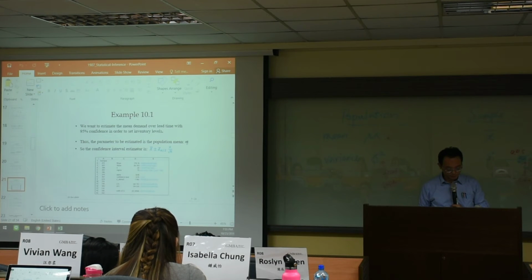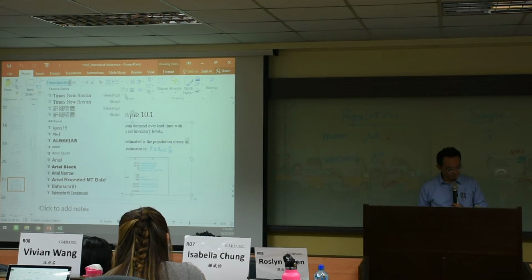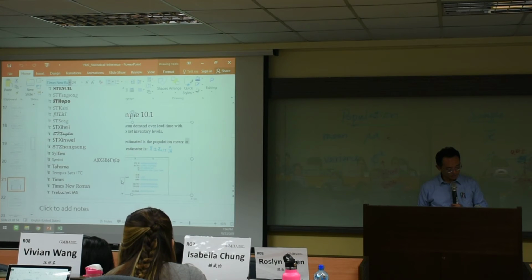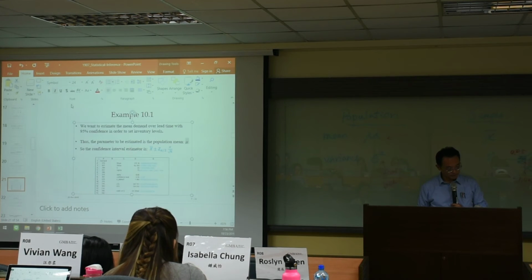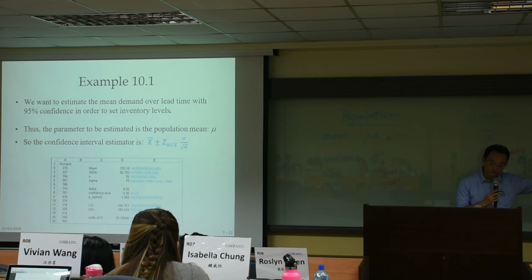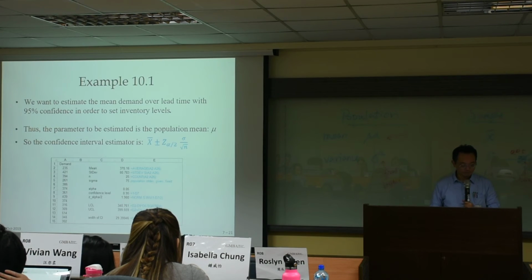We have to slightly change the settings. Actually, we just change to simple and it will become Greek. Okay, good. So we want to use x bar to estimate mu, and we use the formula x bar plus or minus z alpha over 2 times sigma divided by square root of n.